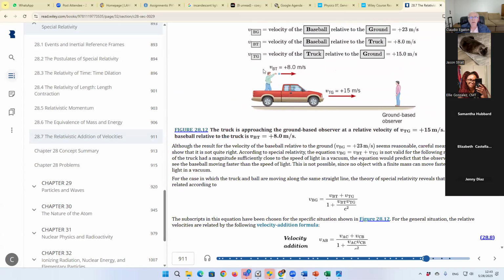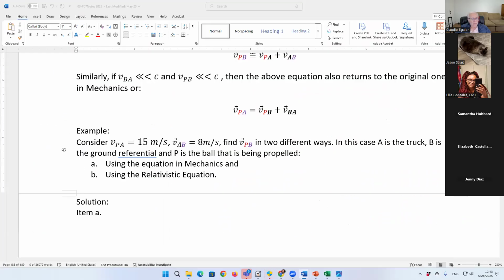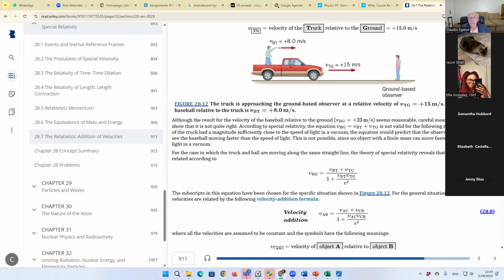I'm just using a different subscript, but I'm using the same values: 15 meters per second and 8 meters per second.